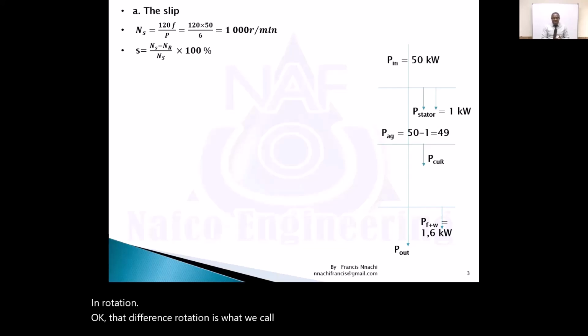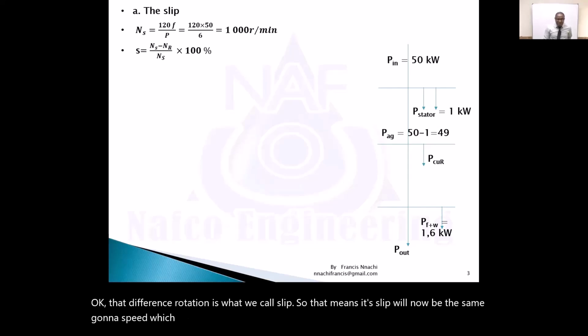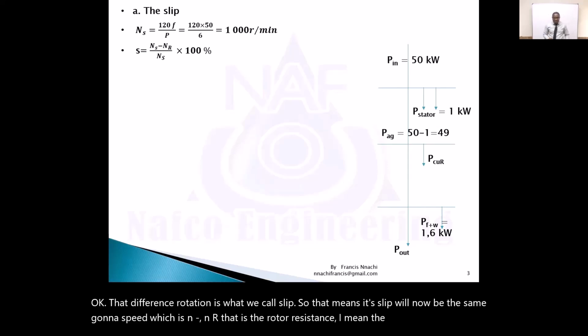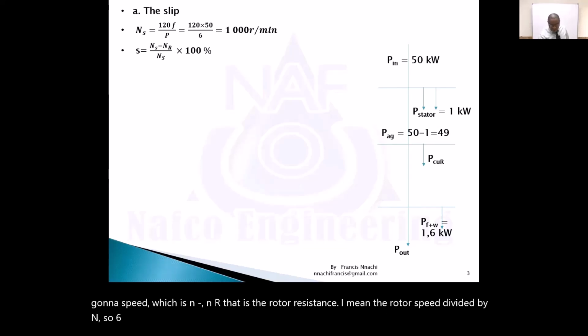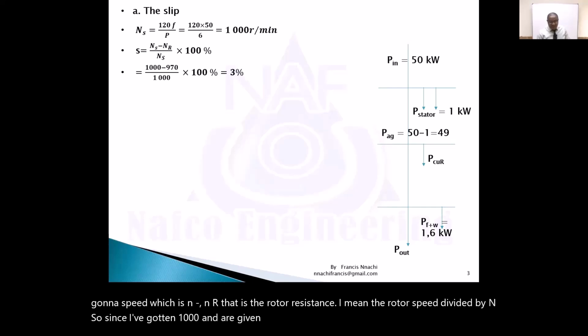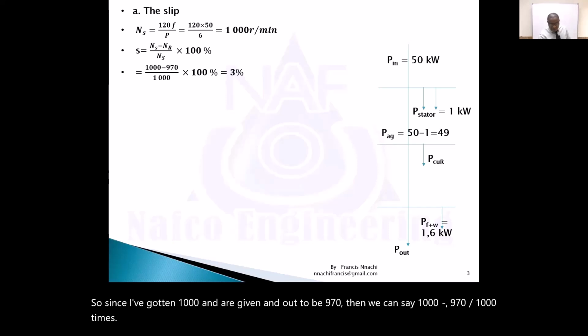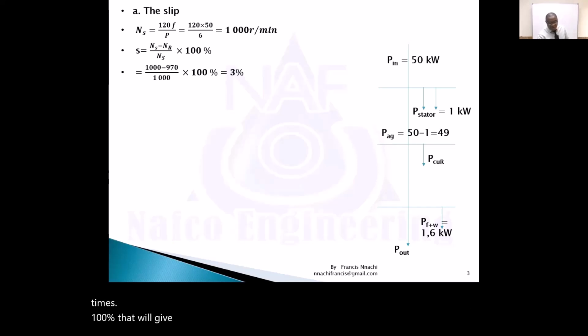So the slip is the synchronous speed ns minus the rotor speed nr, divided by ns. Since ns is 1,000 and nr is 970, we have 1,000 minus 970 divided by 1,000 times 100%. That gives you 3%, or 0.03.